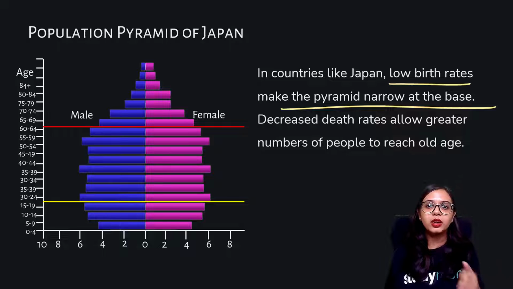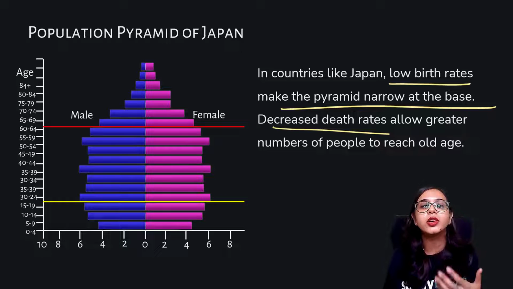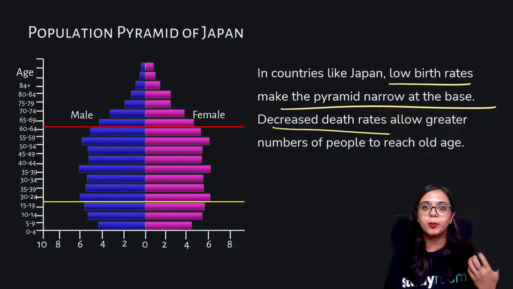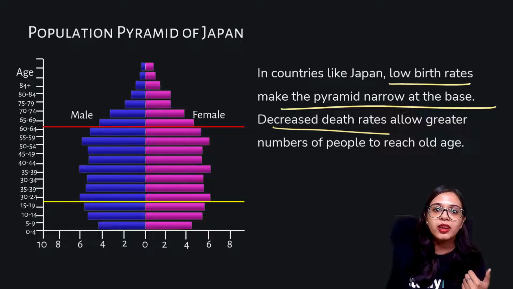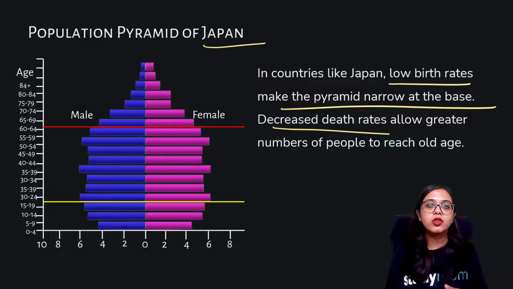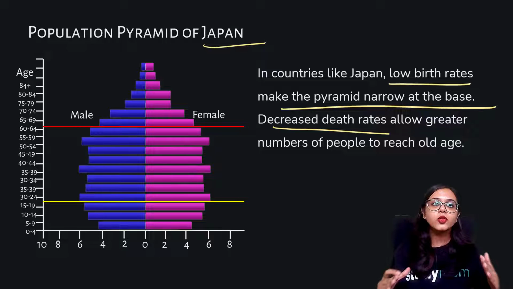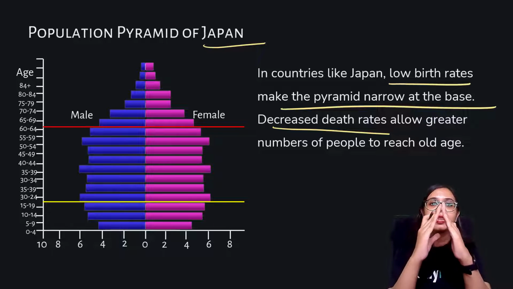So in a country like Japan, there is a low birth rate, and there is a low death rate also because of better access to medications and better lifestyles, all those technological advancements that we have been talking about. Because Japan is an advanced, developed country, the birth rate is decreasing gradually.